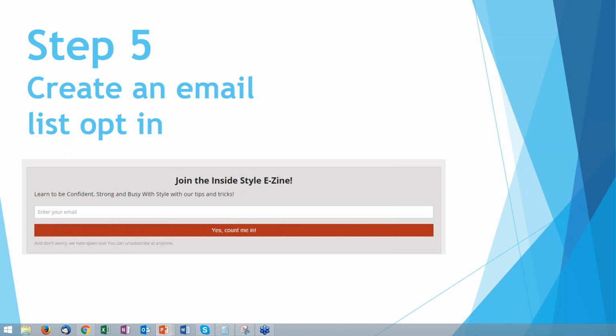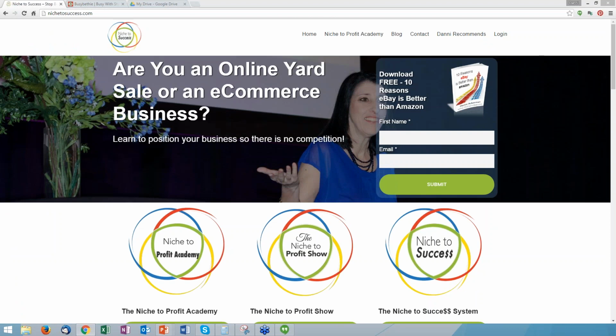So the one I use over on Niche to Success that many of you have opted into is my 10 reasons eBay is better than Amazon guide, and it's just a download. It's a guide that I wrote. I made the little graphic that makes it look like it's a book, and boom, I've had thousands of people download that who are now on my list, and I know they came from that source.